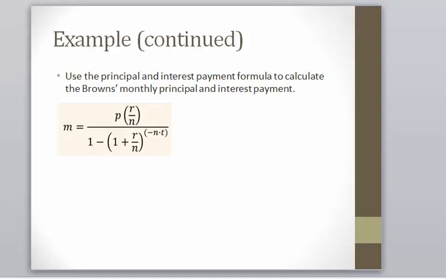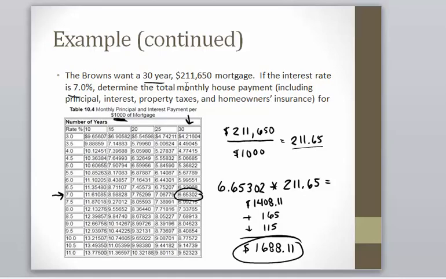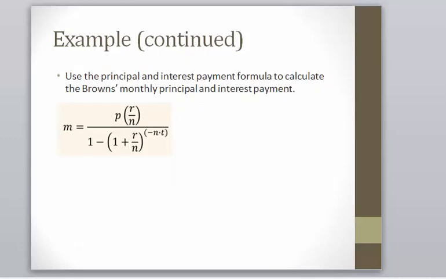Okay, so let's go ahead and plug our numbers in. We know that the principal of the mortgage, and we're going to have to go back and get some of these values, the principal of the mortgage that they are seeking is $211,650.